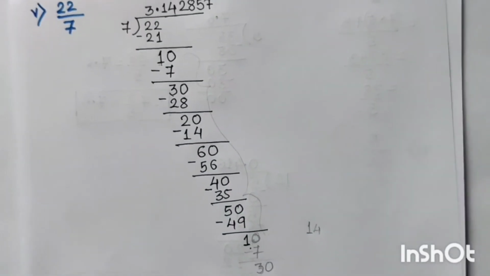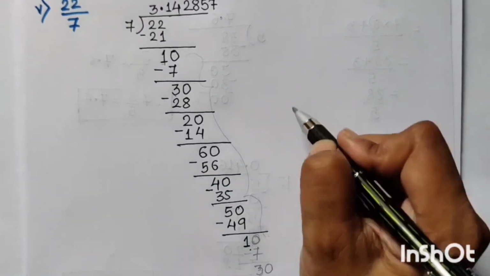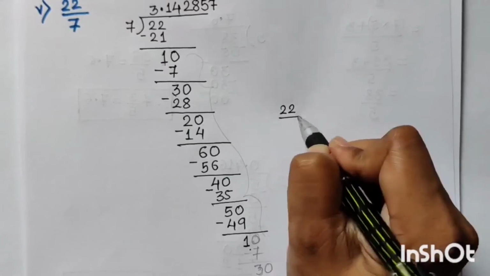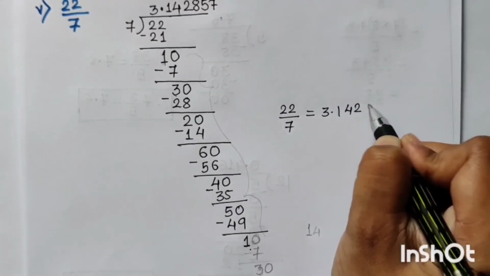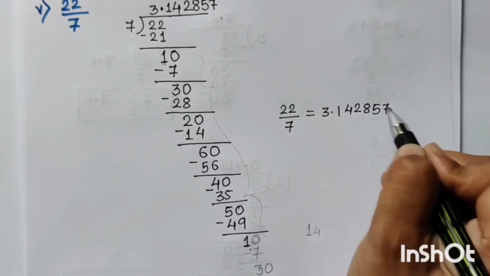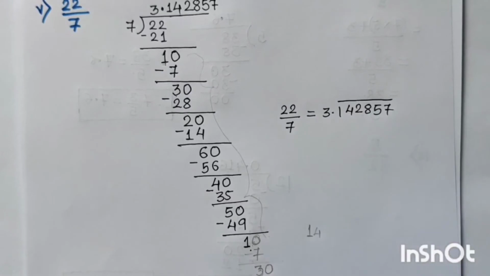So when the group of numbers is coming again and again, what do we have to do while writing the answer? We will be writing 22 upon 7 is equal to 3.142857. We will put a bar, that is a horizontal line, on this full group of numbers.